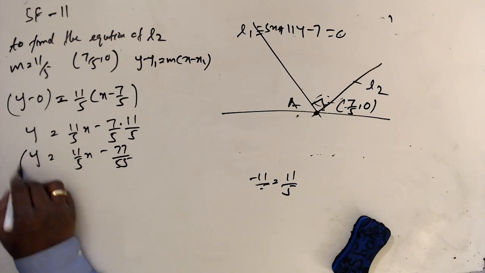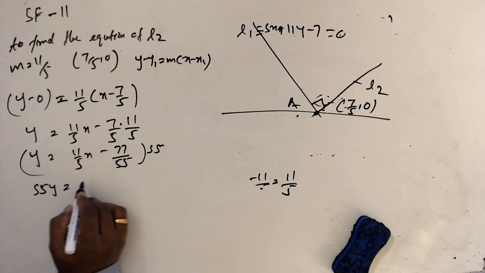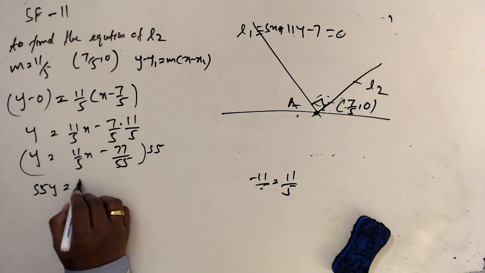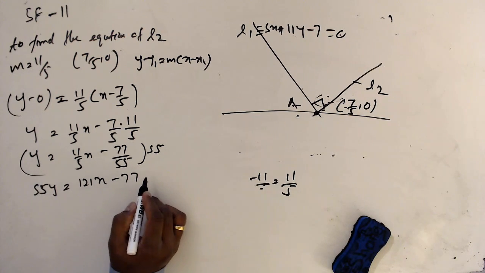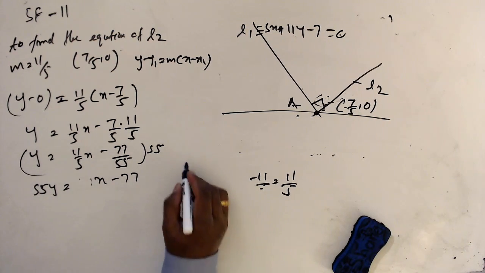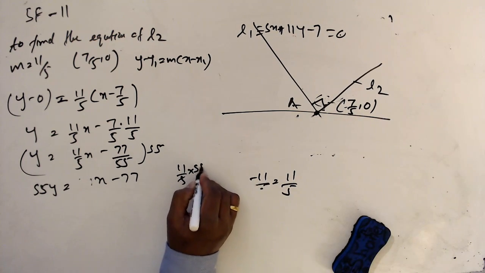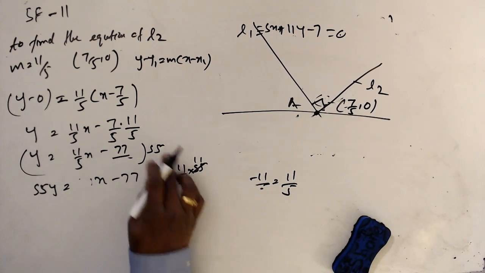So I'm going to multiply this equation by 55. 55y equals 121x minus 77. This is 11 over 5 times 55. Sorry, 5 times 5 is not 55.